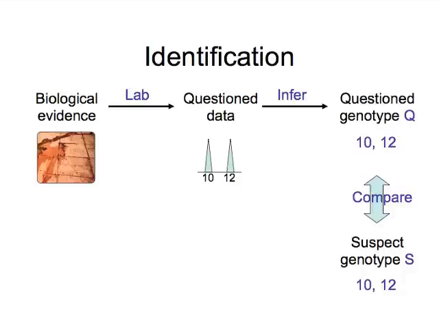Notice when we infer an evidence genotype, the suspect is not known or used, since it is completely irrelevant and meaningless at that point. You can never use the suspect genotype when you objectively infer a genotype from evidence, since that would introduce bias against a defendant.